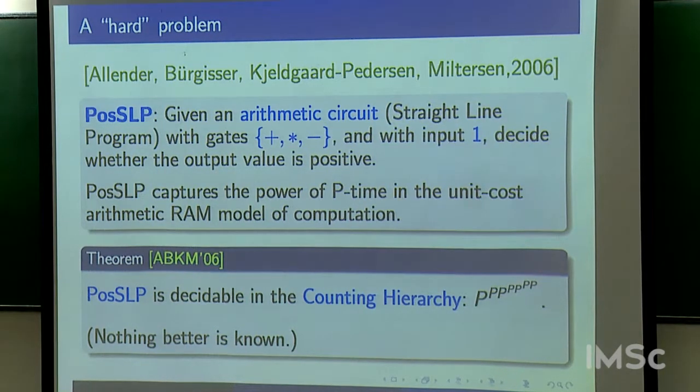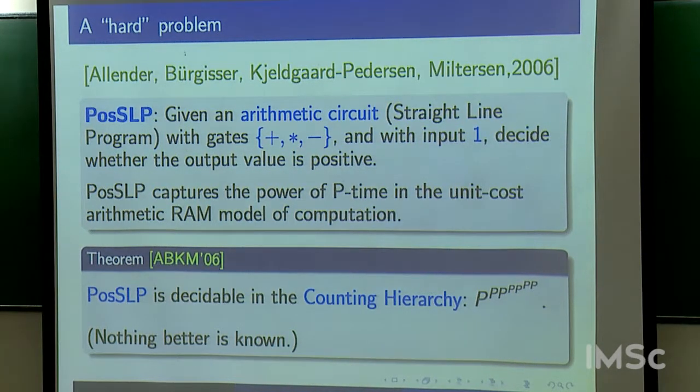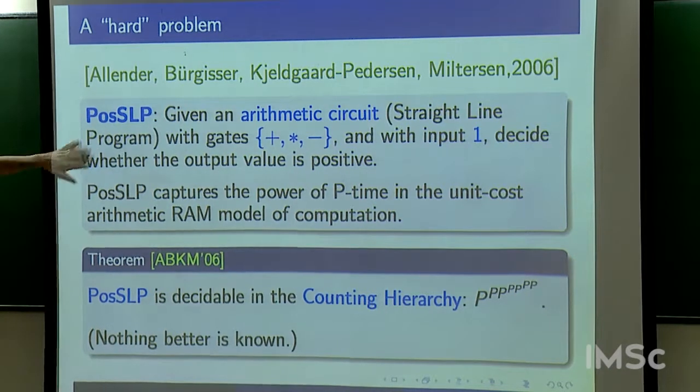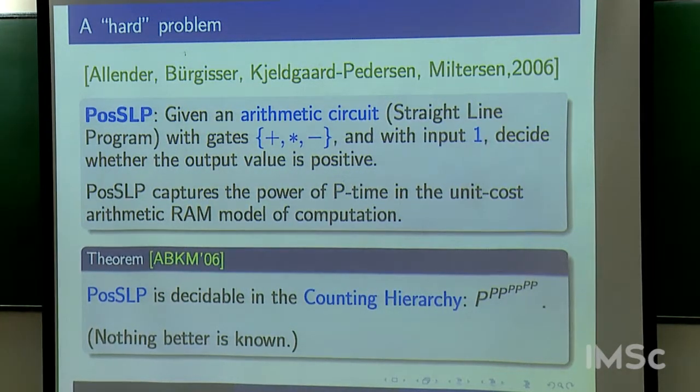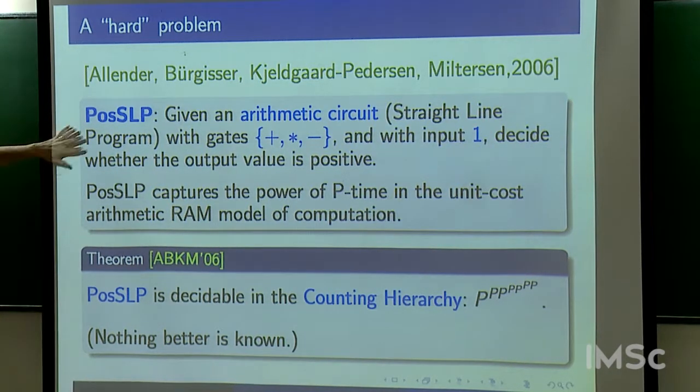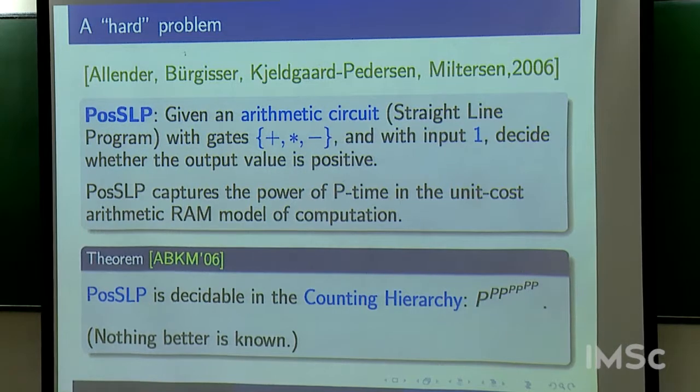The hope of being able to near approximate a fixed point with the same kind of complexity is a bit shattered by considerations related to this PosSLP problem. Those of you who were at the open problem session yesterday will have seen this, but I'll refresh your memory.